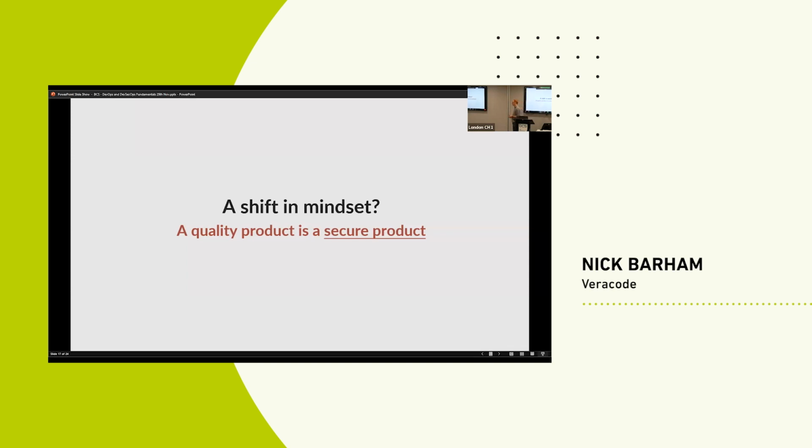If you release a product and it isn't secure, it's going to impact your customers negatively, or it could potentially have huge ramifications for your business. If you release something that's insecure and an individual is subject to an attack, then that is going to have really, really negative consequences for them.